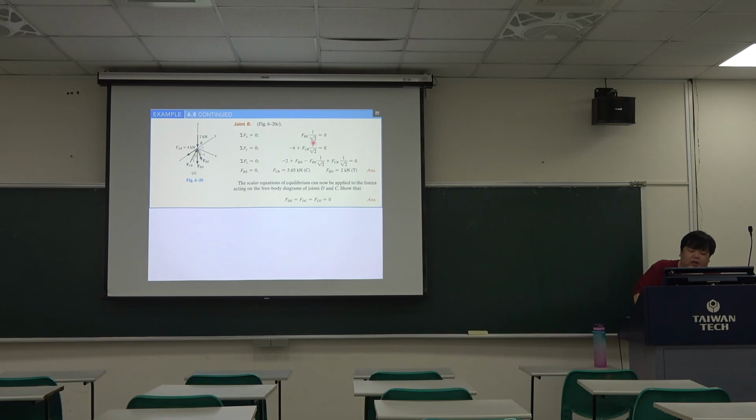Then for FCB we can get the answer. Then we do the summation Fz equal to 0, and we have these two answers, right? So putting these two answers in this equation, we can get the FBD answer. Okay, so this is the answer for joint B.